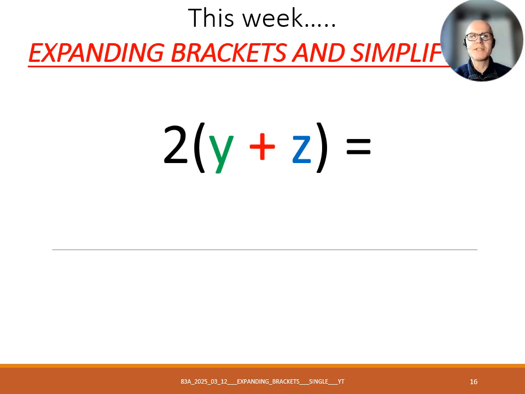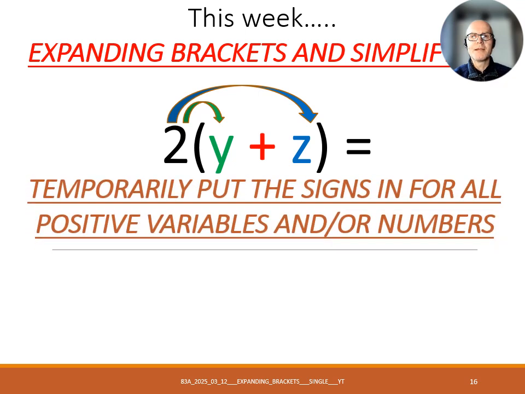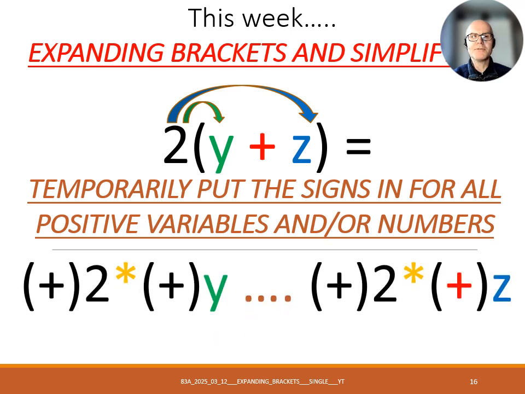We've not got a variable outside the brackets, we've now got a number. 2 times y and 2 times z. Temporarily put the signs in for all the positive variables and or positive numbers. So we've got positive 2 times positive y, and split the equation, positive 2 times positive z.